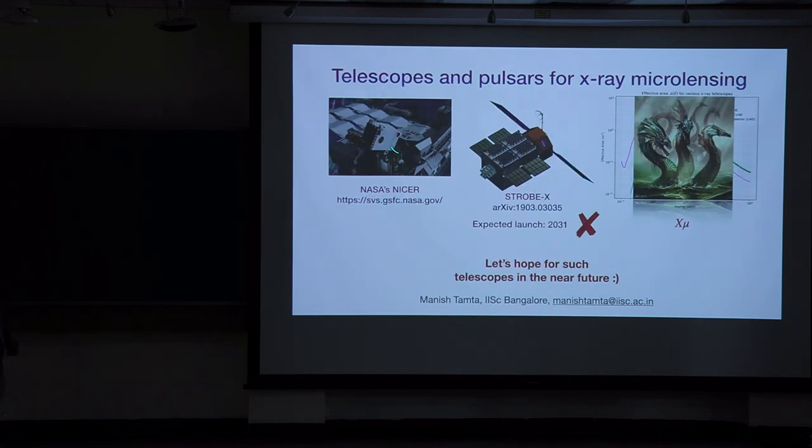Here are some detectors that we consider in our work: NICER, and a future telescope, Astrobex, that was expected to be launched in 2031, but now NASA didn't pass it. But yeah, let's hope for such a telescope in the future. We also propose our own detector, which we call XMU, which stands for X-ray microlensing detector.